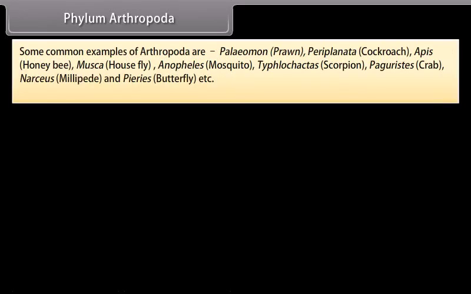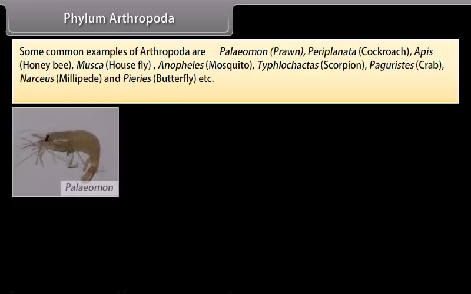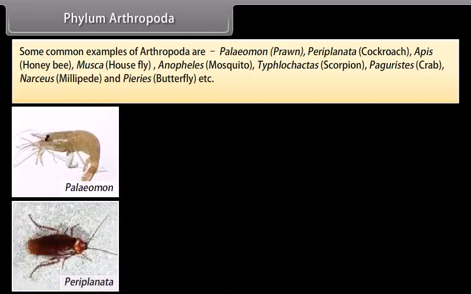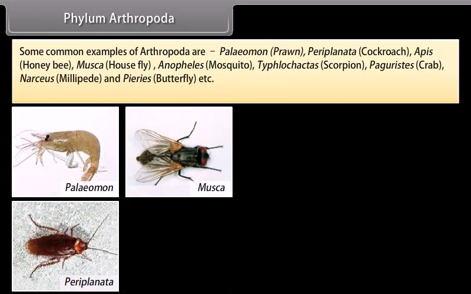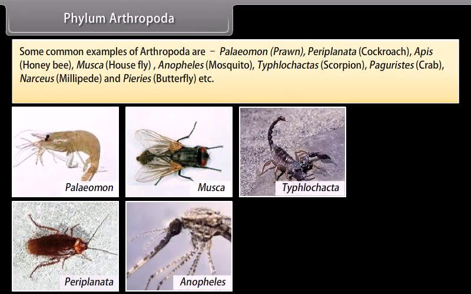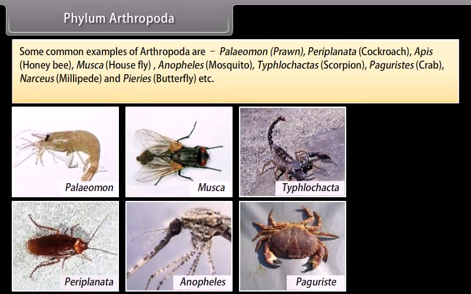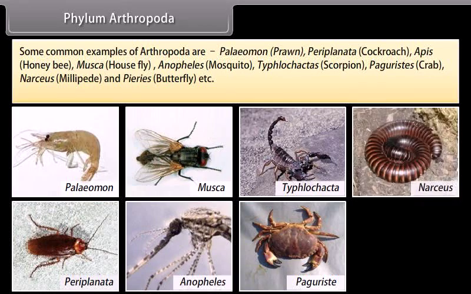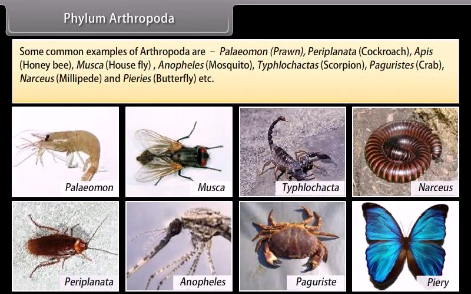Some common examples of Arthropoda are Palaemon, prawn, Periplaneta, cockroach, Apis, honeybee, Musca, housefly, Anopheles, mosquito, Buthus, scorpion, Paragrapsus, crab, Narceus, millipede, and Pieris, butterfly, etc.